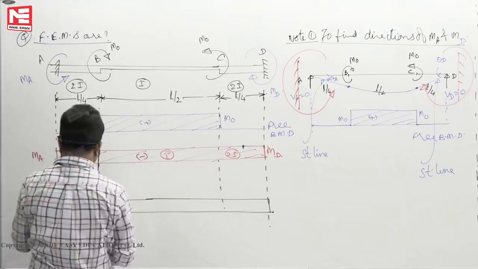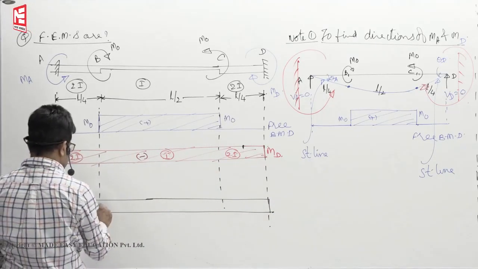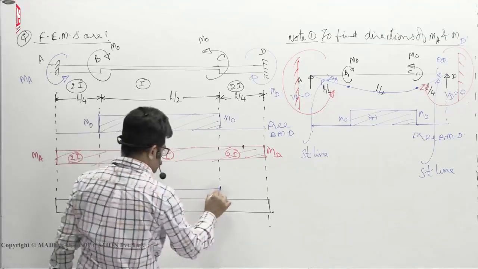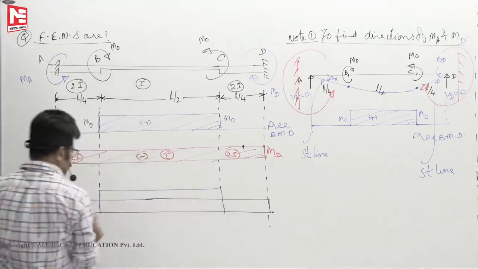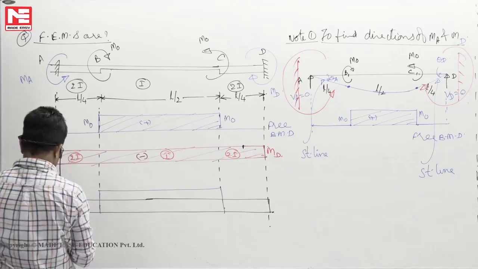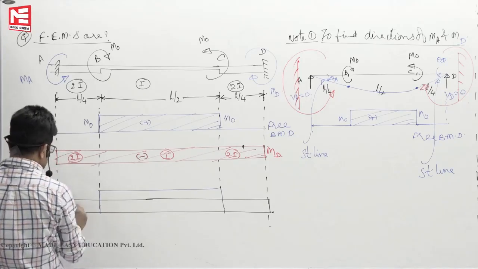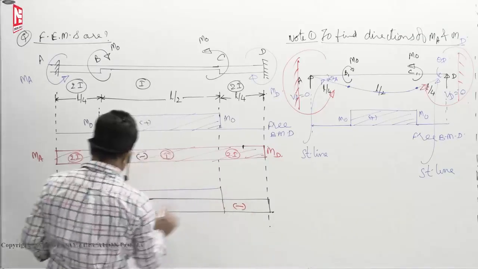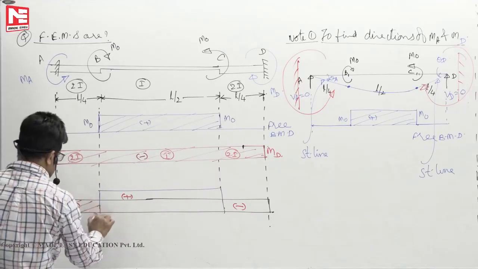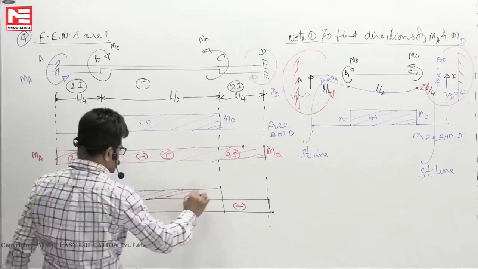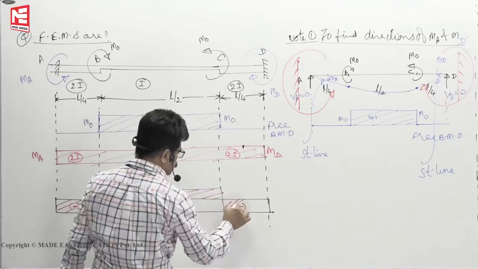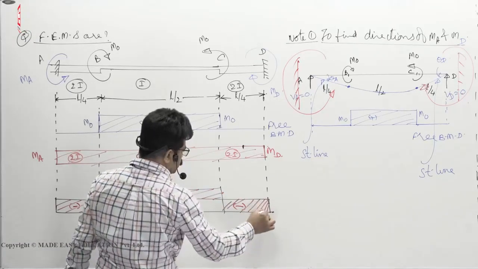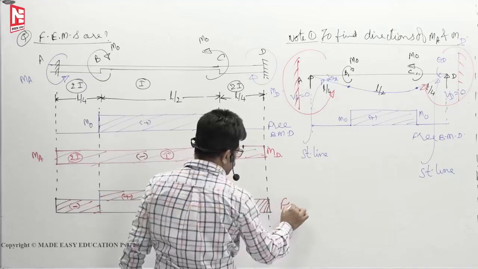The positive bending moment diagram will go like this. So the area that got overlapped is this one, and the area that didn't overlap is this, minus, plus, minus. Okay, the number of points of contraflexure you will get in this case is 2. This is the final BMD.